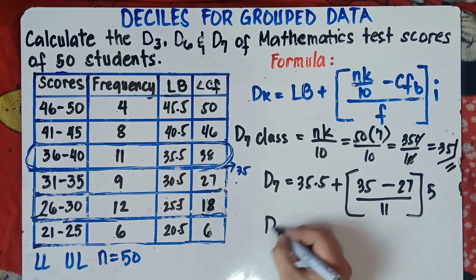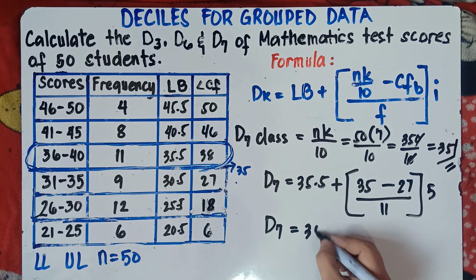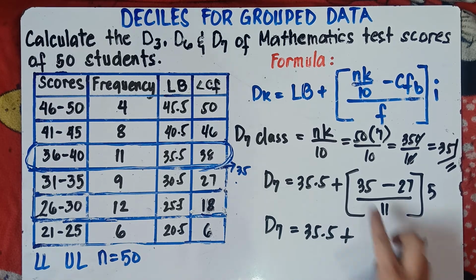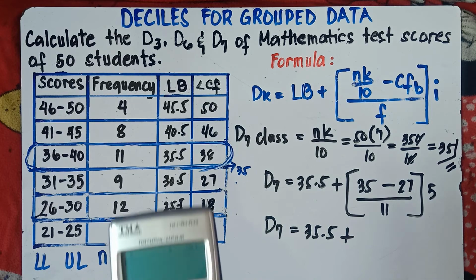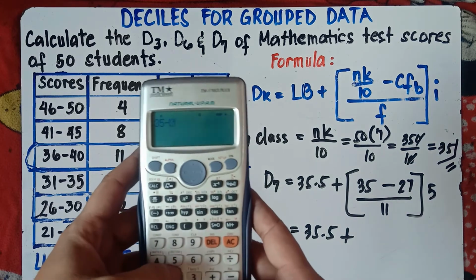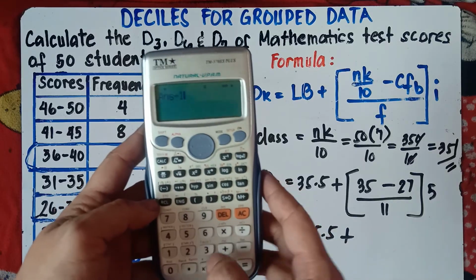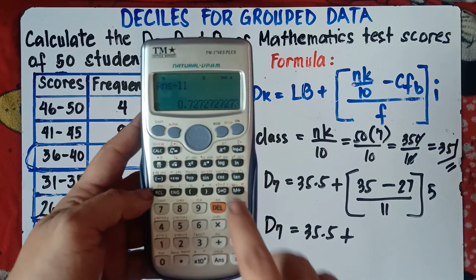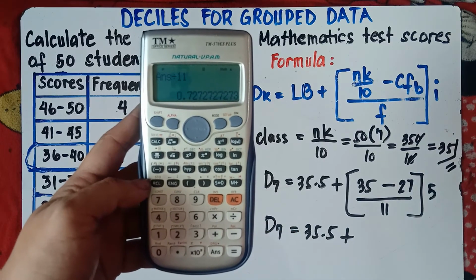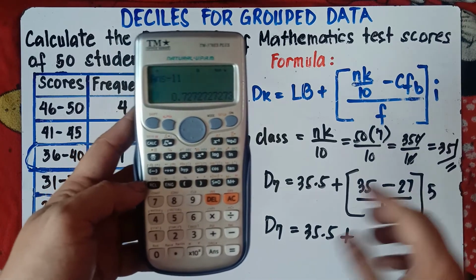Then once again, copy decile 7, that would be 35.5 plus, use the calculator: subtract, divide, multiply. 35 minus 27 equals 8. Divide by 11, so you will have 8 over 11. Just press the decimal, so you will have 0.727272. So multiply it by 5.